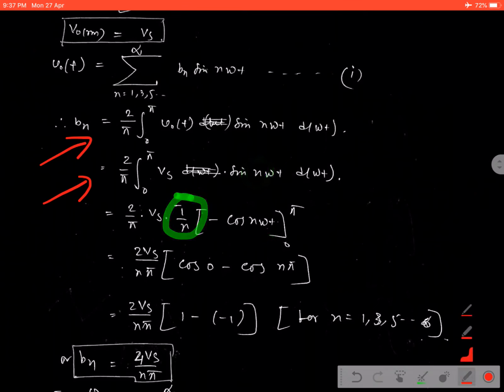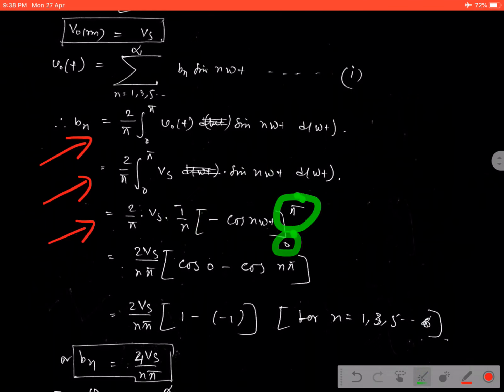I have done here, the equation will change to the new form, that is 2 by pi Vs 1 by n, and in the bracket minus cos n omega t from 0 to pi. Considering the limit 0 to pi, that is cos 0 minus cos n pi. As it is of half wave symmetrical nature, we should consider the odd harmonics only, as I told you before.